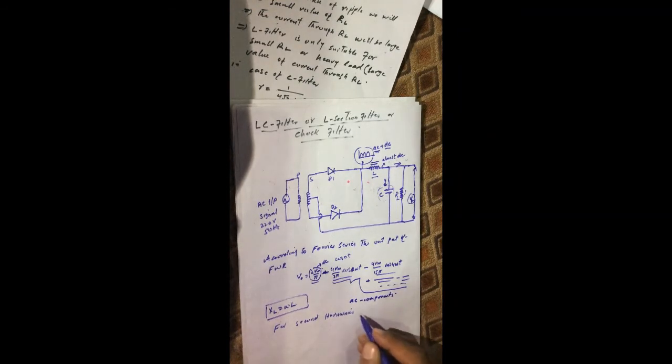Now for the first harmonic, the net frequency is 2 omega.